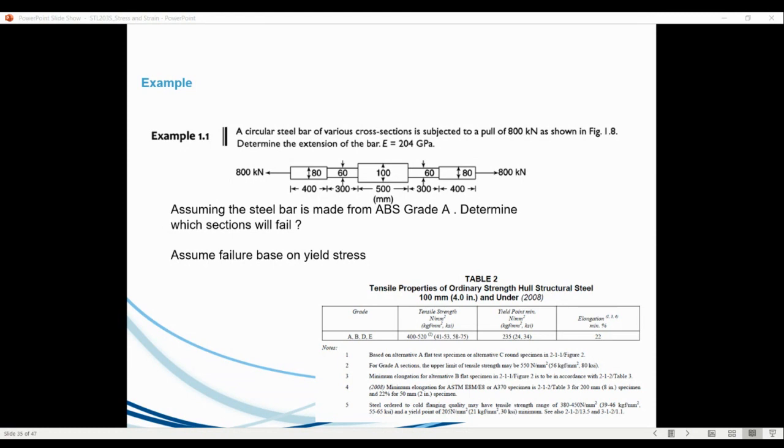So the first thing you should do is find the extension, because the other three here on the other end are all the same. We've got some rod. Can we find the extension of the first section?